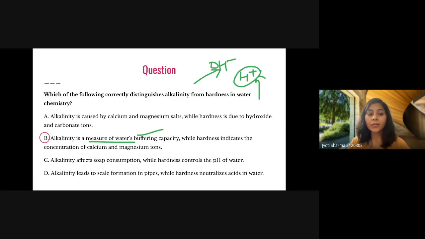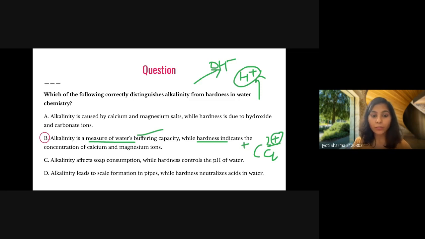Then coming to hardness, hardness is due to multivalent cations. So we should have cations, meaning positive charge, and that should be multivalent. For example, calcium 2 plus is a multivalent ion, and this is a cation, positive. Whenever we have multivalent cations in the water, that will give you the hardness.